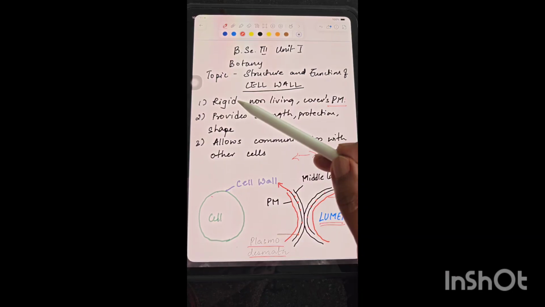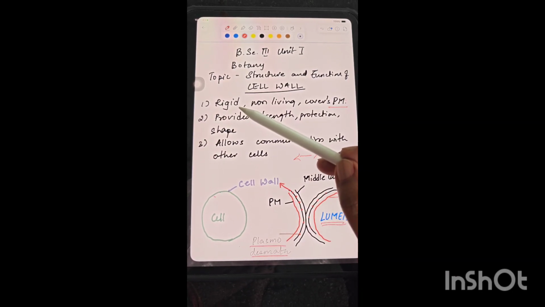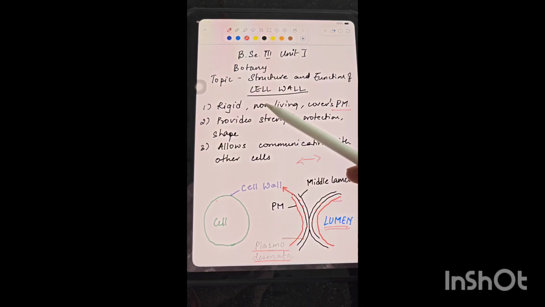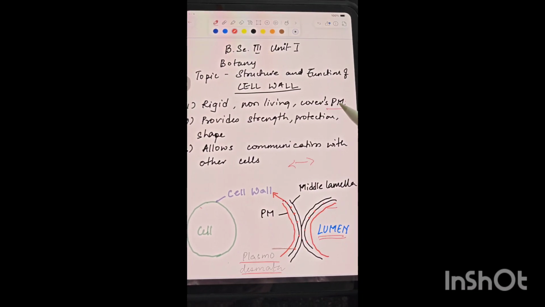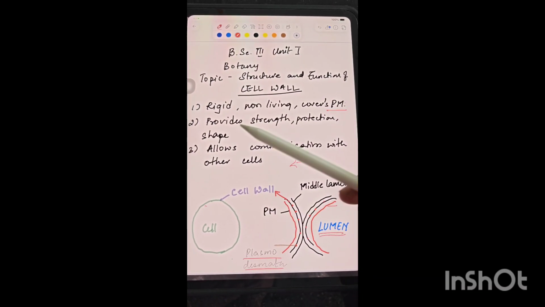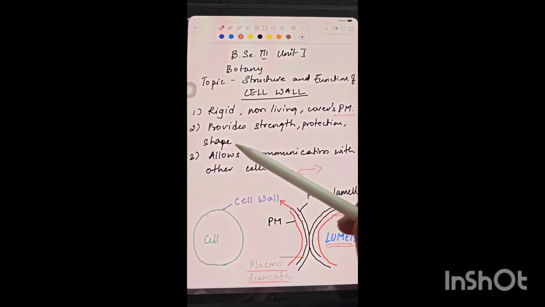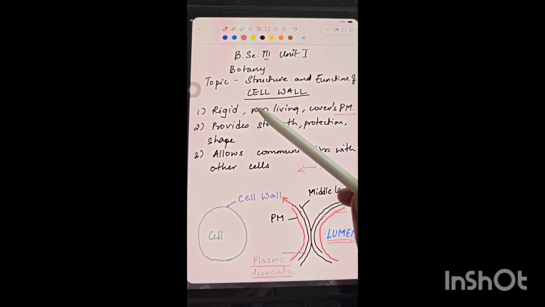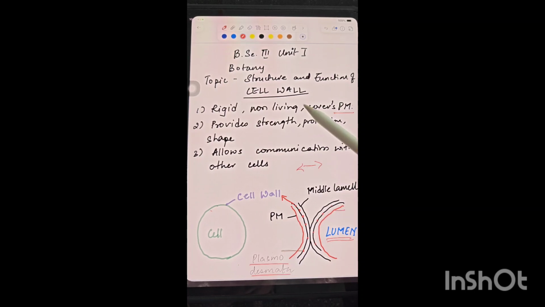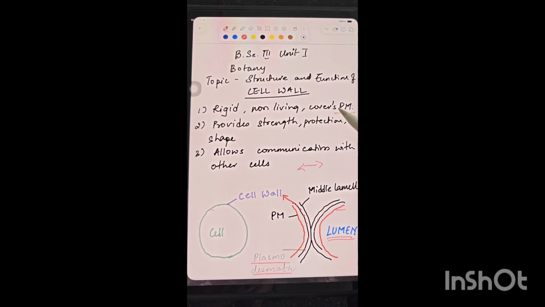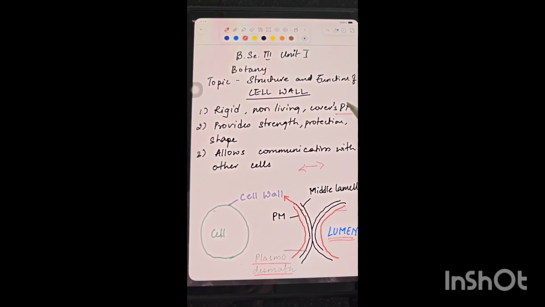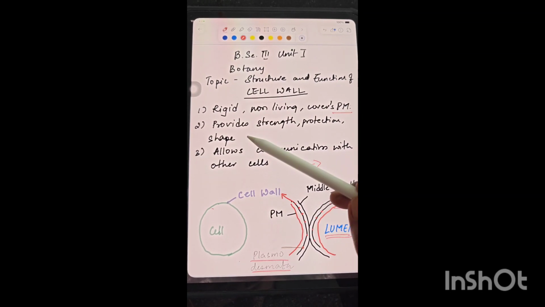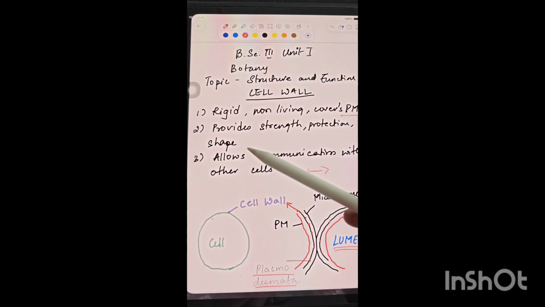So we will see what the basic function and the structure of the cell wall is. The cell wall is rigid and non-living, and it covers the plasma membrane. It provides strength, protection and shape. So we understood that it is the wall or layer which covers the cell, covers the plasma membrane, and provides strength, protection and a shape.